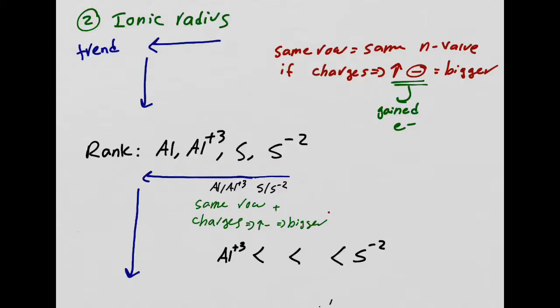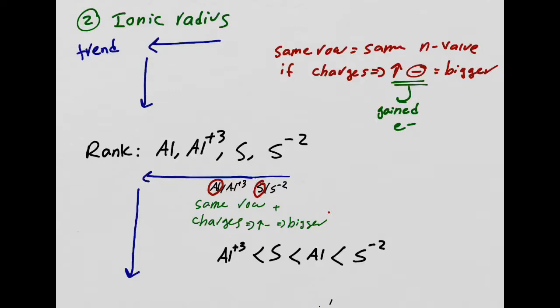Now, I also have sulfur and aluminum that don't have charges. If you don't have charges, then you go by the trend. Based on this, which one is larger? Aluminum is larger, so I go by the trend if I have no charges. It would be aluminum here, and then sulfur here. Let me explain this one more time.